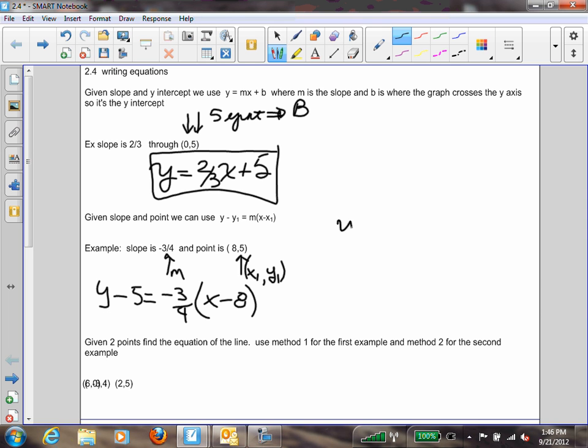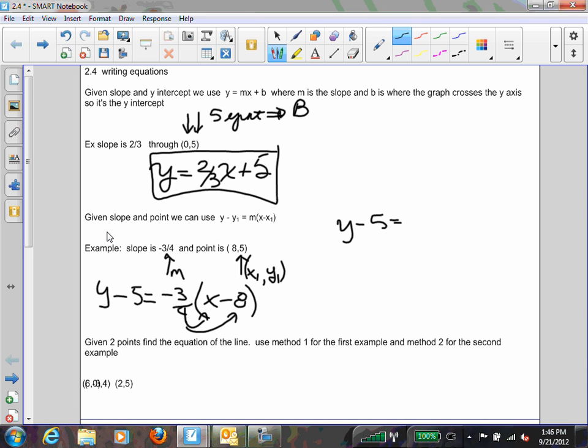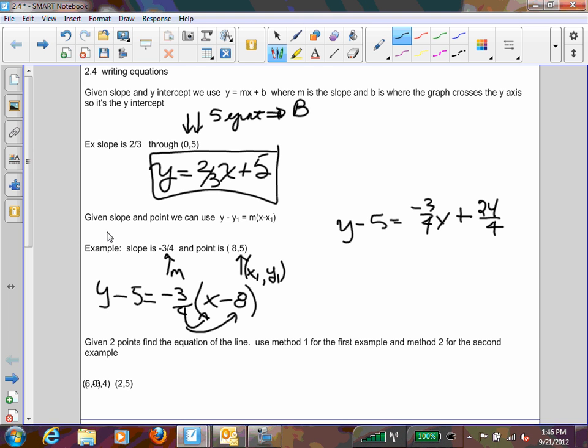So we'll say y minus 5 is equal to, and we'll distribute that negative 3/4 in. And we'll get negative 3/4 x plus 24/4. Well, what's 24/4? 6. And so y minus 5 equals negative 3/4 x plus 6.